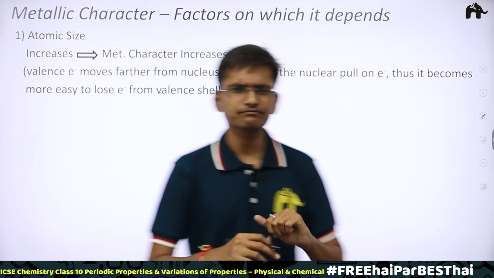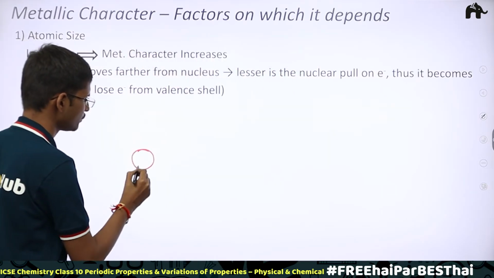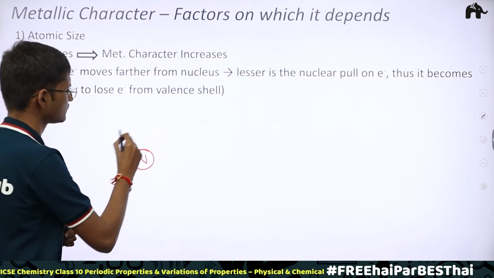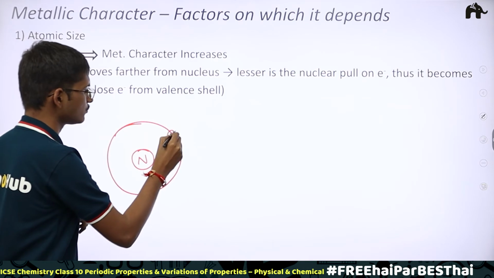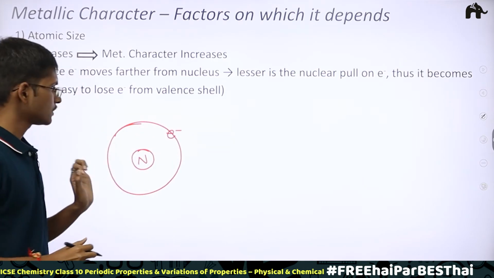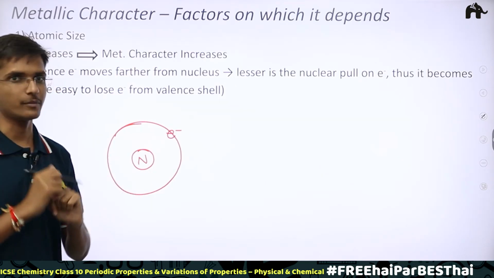Let's understand this with the help of an example. I am taking a very cute atom, whose nucleus is this, and this is its outermost shell. The outermost shell has this electron. Now, I am going to increase the atomic size.